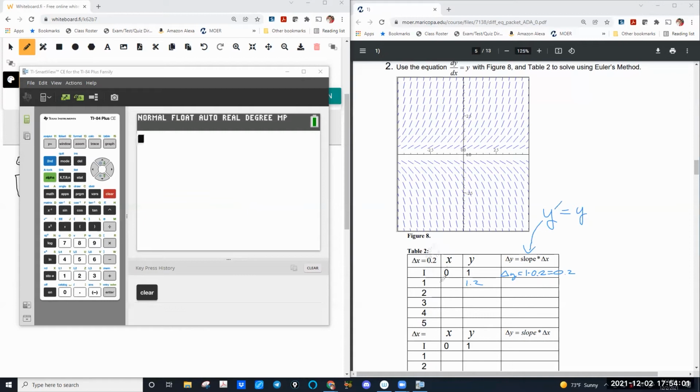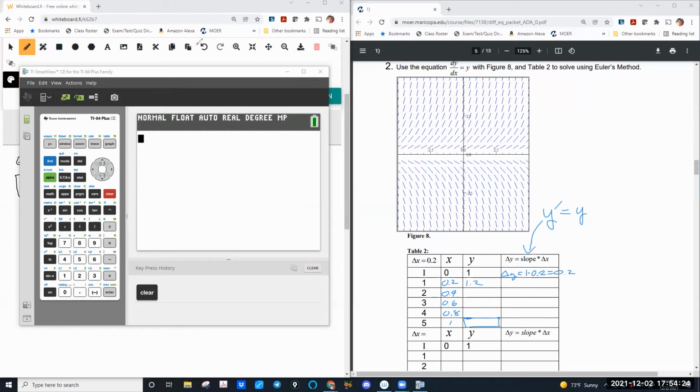Delta x is 0.2. So it's going to go 0, 0.2, 0.4, 0.6, 0.8, and then finally 1. Well, remember, we wanted to estimate y of 1. So we're looking to get our solution, which is going to be when we fill in this box right here.